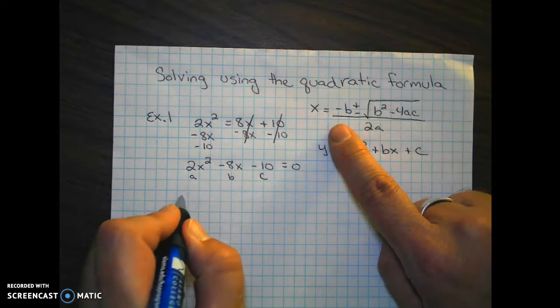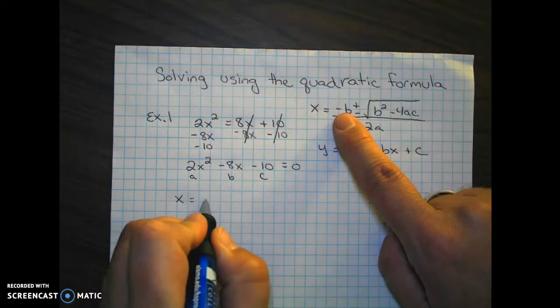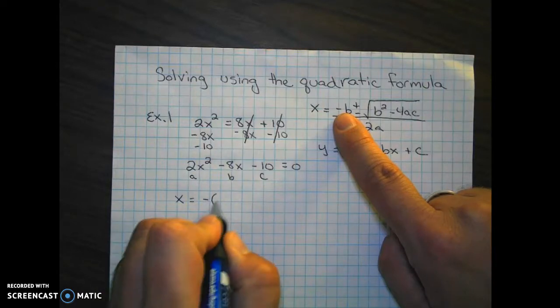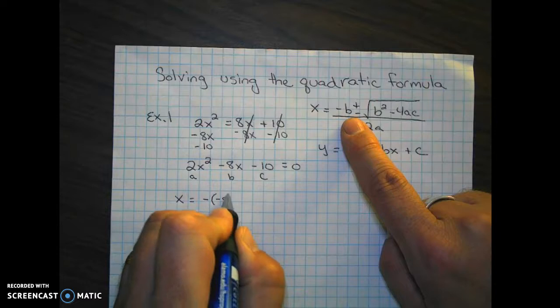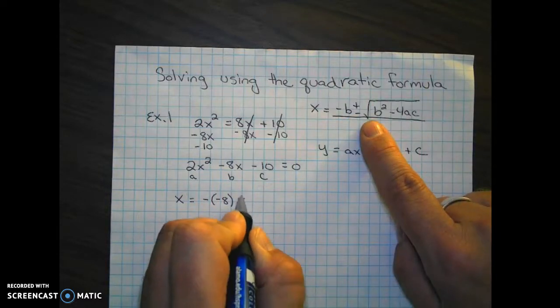So we have x equals, okay, negative, and then our b value is negative 8, plus or minus. That tells us there's going to be two answers.